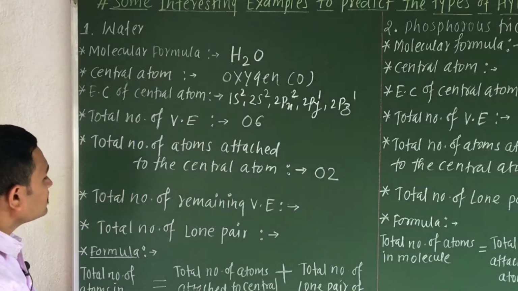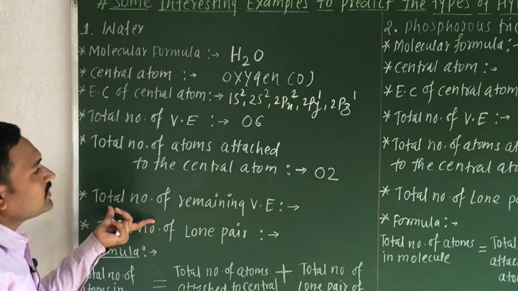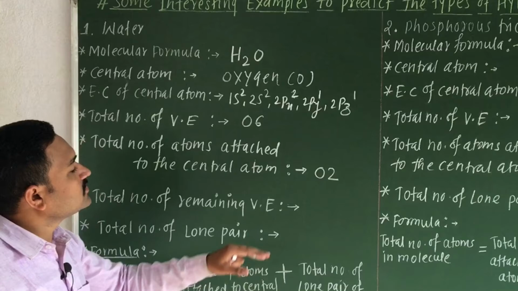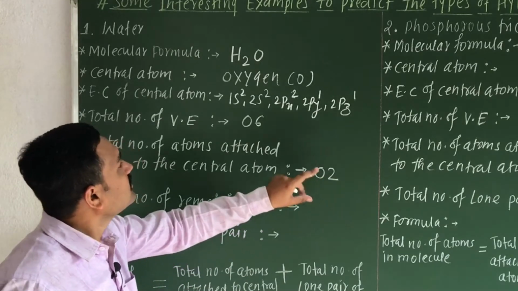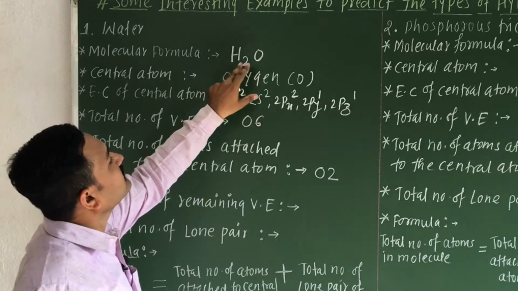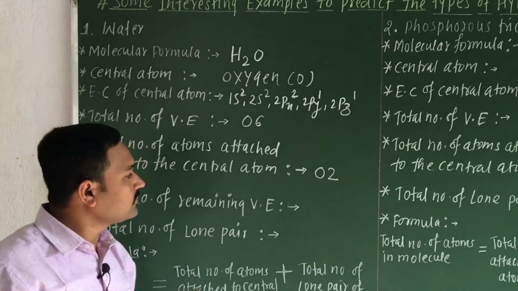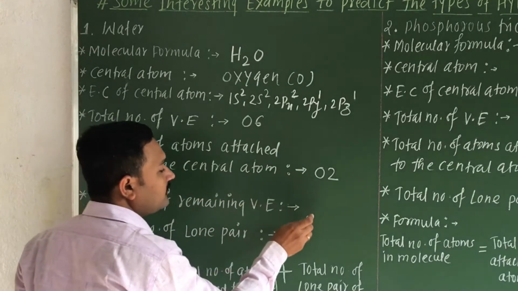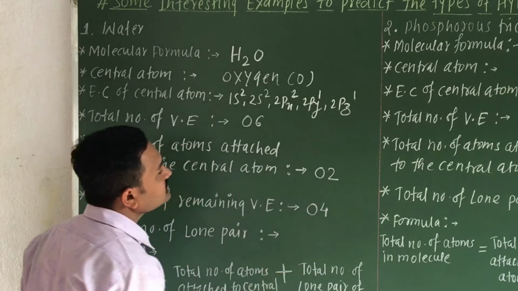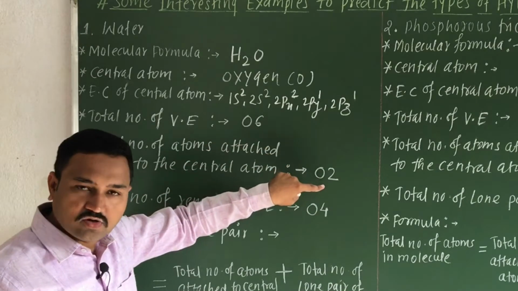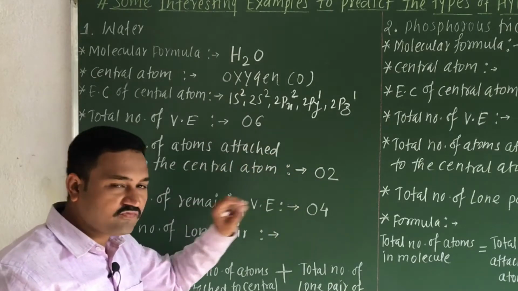The total number of valence electrons is 6, and 2 electrons are utilized for the formation of the 2 O-H bonds. Hence the remaining valence electrons will be 4.